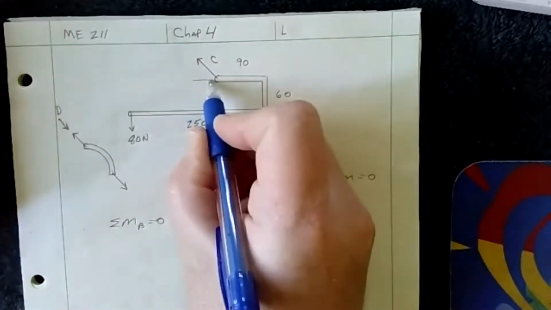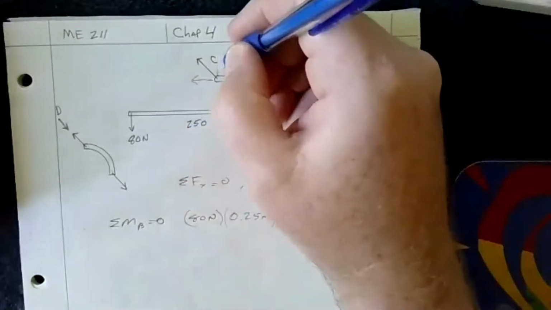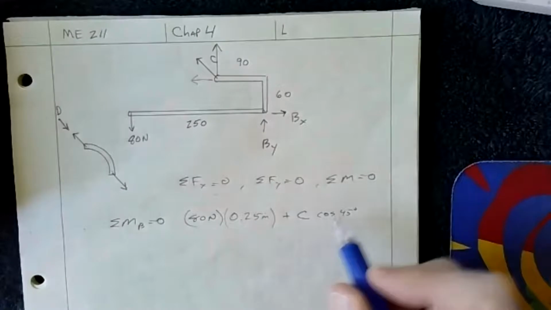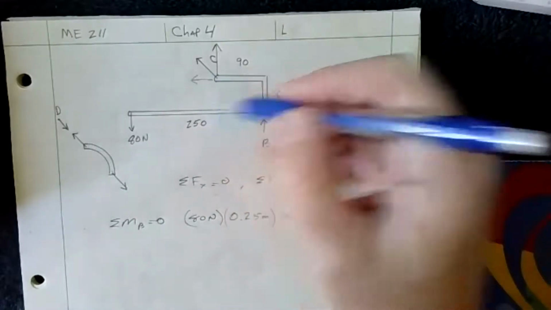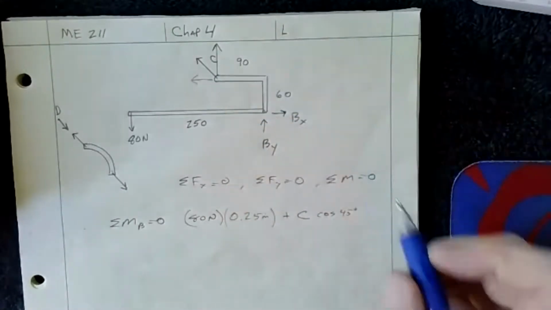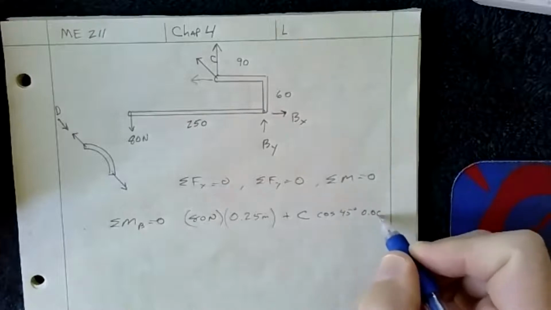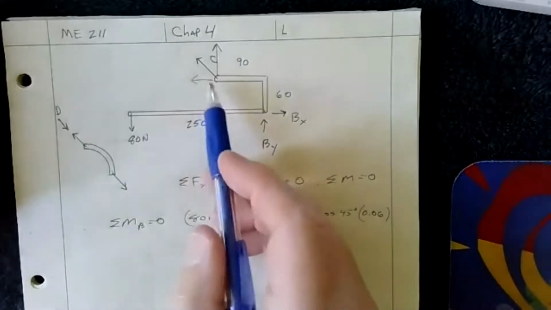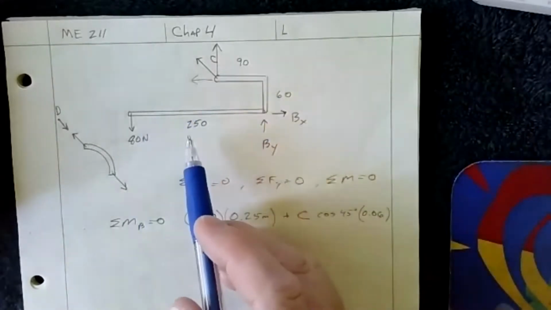We have one going this way, and we have the other going that way. So C cosine 45, this here has a distance of 60, or 0.06. And that's also positive because that's going to want to make it go counterclockwise.